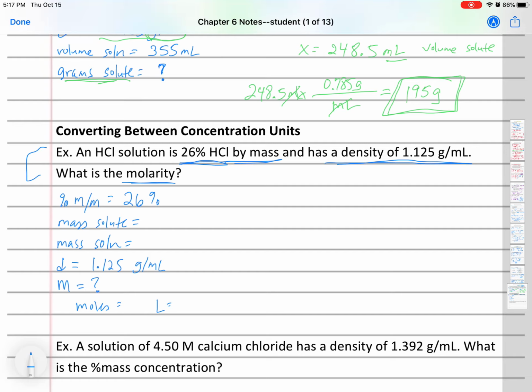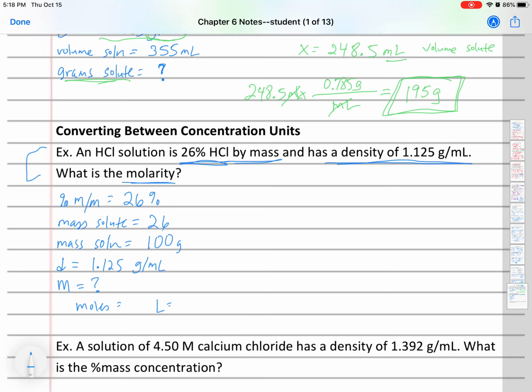Okay, so we have a 26% solution. It doesn't matter what volume, how much of this solution we have. We just need to work with some amount of this solution. So in this case, what we do is, let's just say that we have 100 grams of this solution.